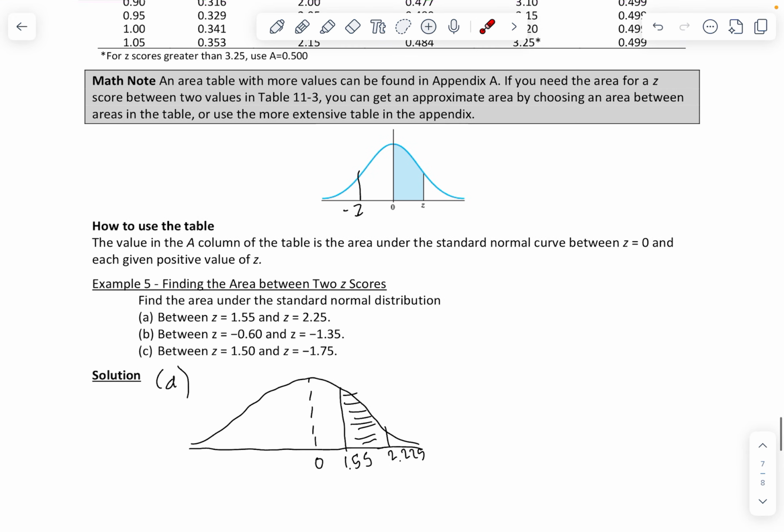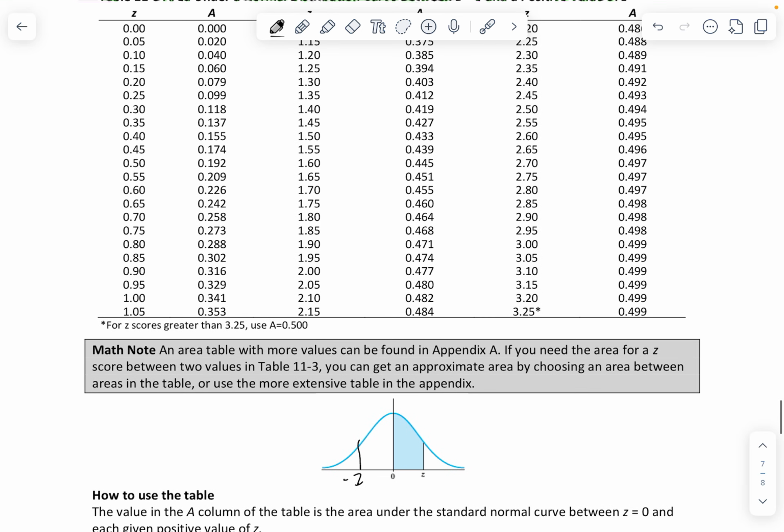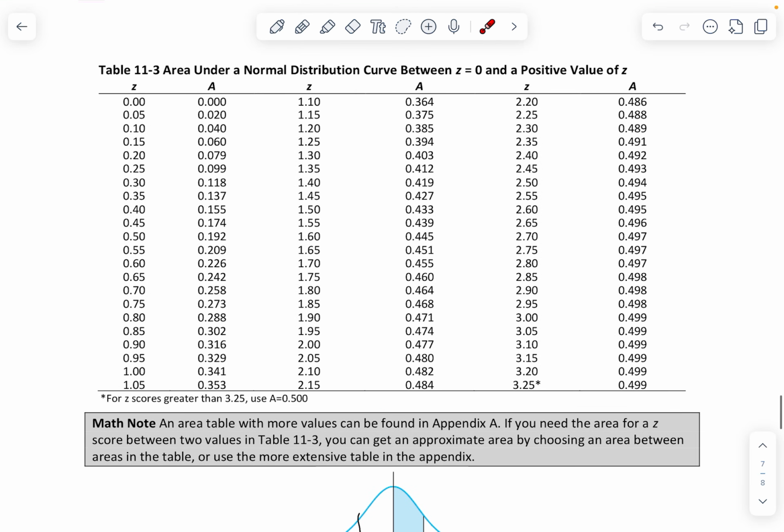That area is this area on my table right here. Okay, so this area is 0.439. If I look up 2.25, that is right here.